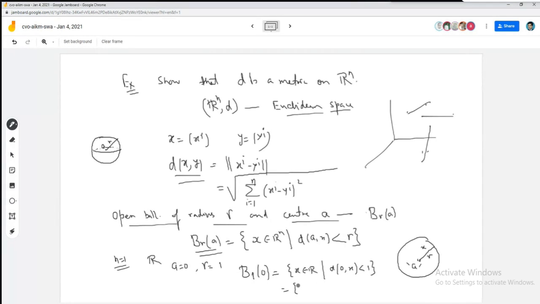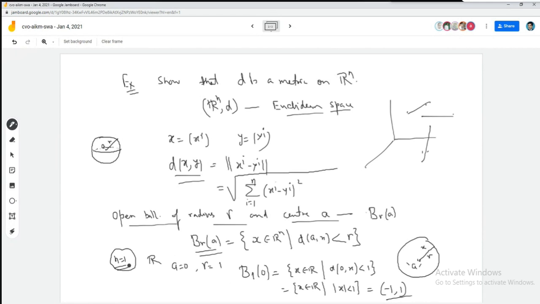That is, mod x minus 0, that is mod x, is less than 1. So this is nothing but the open interval from minus 1 to 1, the collection of all x such that its modulus is less than 1. ऐसे real numbers जिनका mod 1 से छोटा हो, वो क्या होगा, -1 to 1. 1 इसमें से excluded है, 1 is excluded. So this is the case when your dimension is 1.